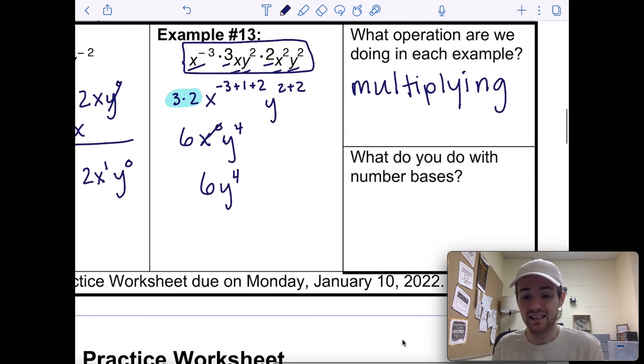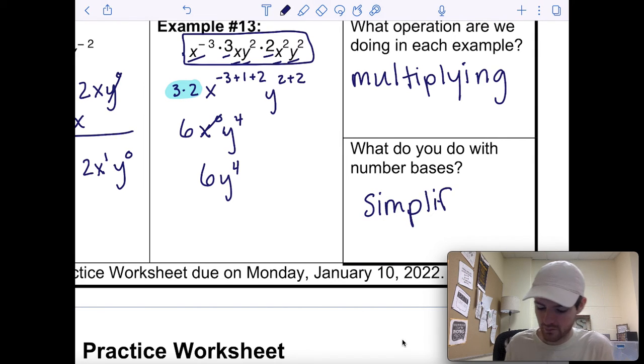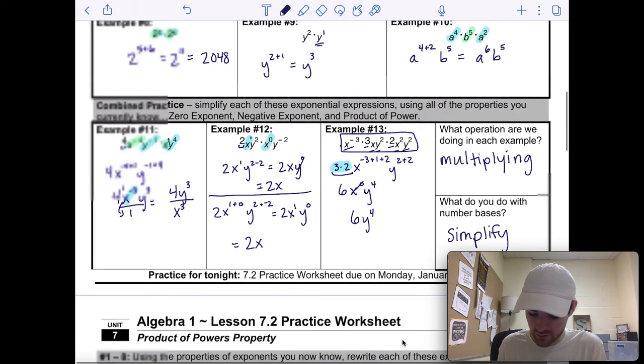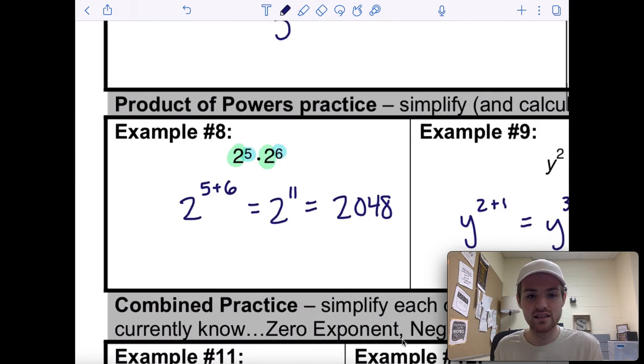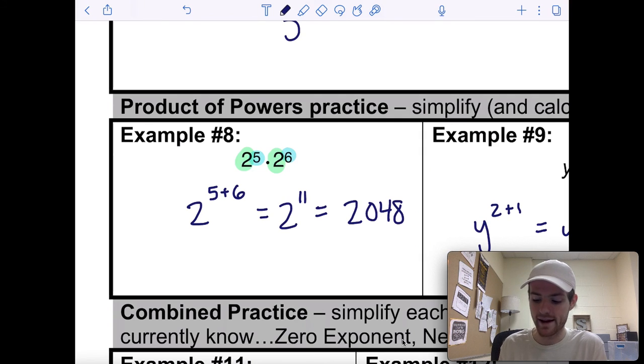What do you do with the number bases? You simplify them. So like here I had 3 times 2. I went ahead and did that math. I simplified those. Or like example 8, if I have a number base with a power, I do that math.